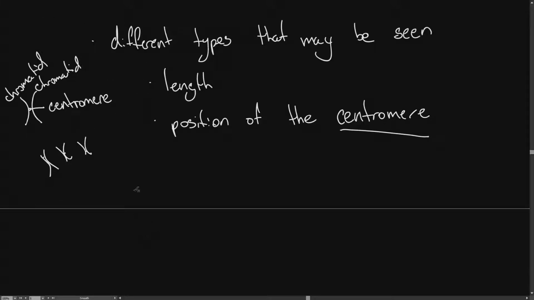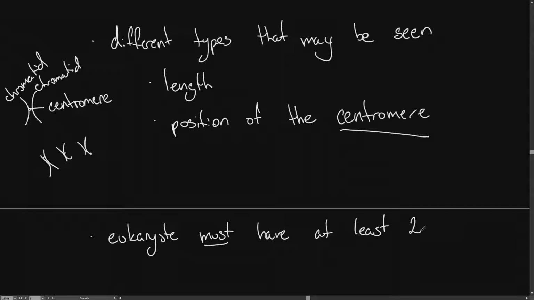And when we look at eukaryote DNA under a microscope, we see that a eukaryote must have at least 2 chromosomes.